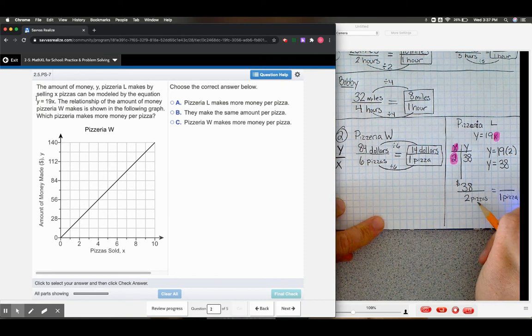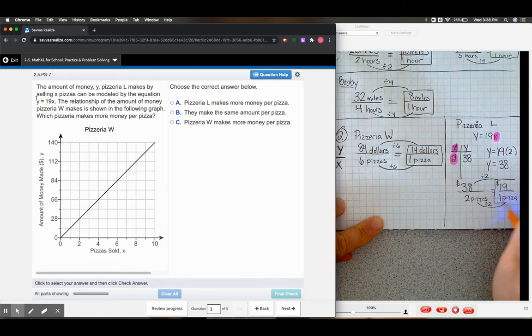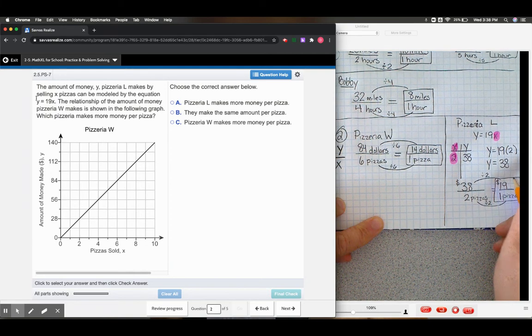So let's make it. Divide by 2, divide by 2, and 38 divided by 2 gives us back our $19, which you may recognize in the equation. But that is our unit rate of Pizzeria L.